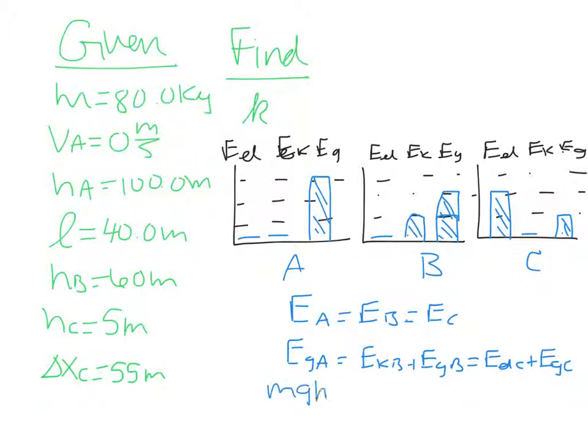So mg height at A equals 1/2 m v_B squared plus mg height at B, which equals 1/2 k delta x at C squared plus, I'm out of room, mg height at C. So setting A equal to C, again, because I don't have the speed at B, so there's not enough information to use B, but I could find it if I needed it.